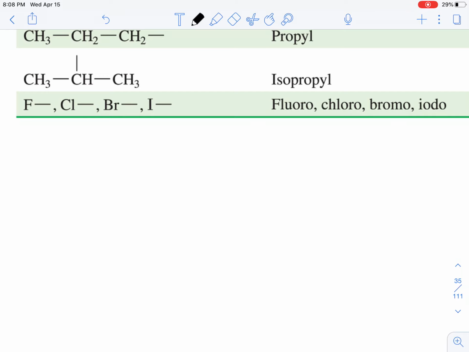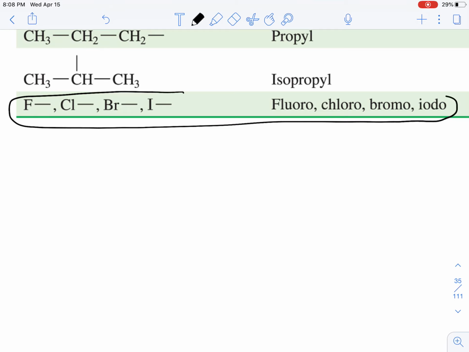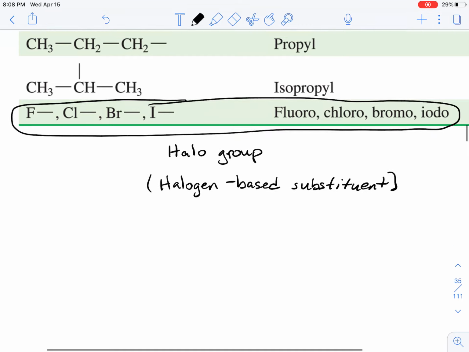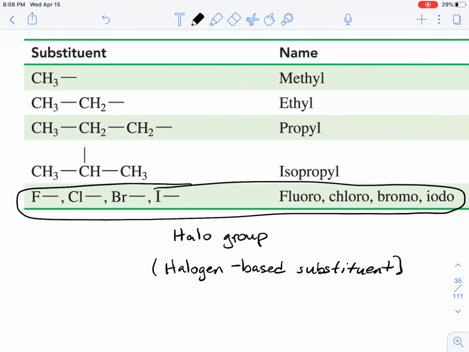So for your halogen or halo groups, it's nothing complicated like your organic versions.